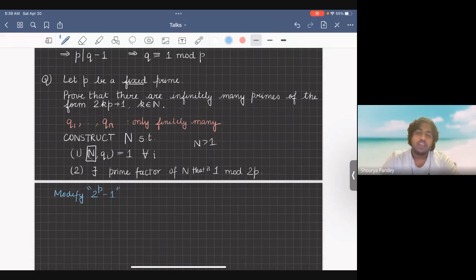But 2 to the 3 plus 1 over 3 is not 1 mod 3. It's 0 mod 3, right? Yeah. Okay. Sorry.